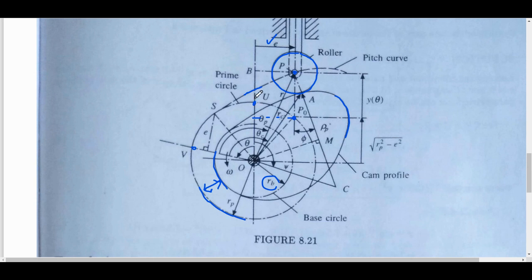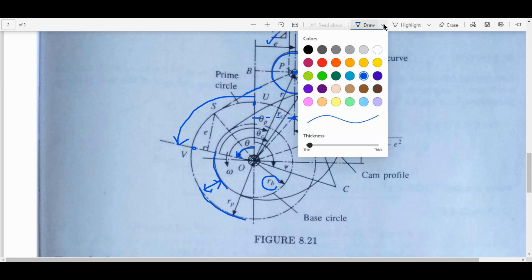Point U has traveled through this angle, which is theta. As a result, this trace point has risen by a distance y. Now you look here, there are a couple of other angles. We will use a different color to help you notice what we are doing.